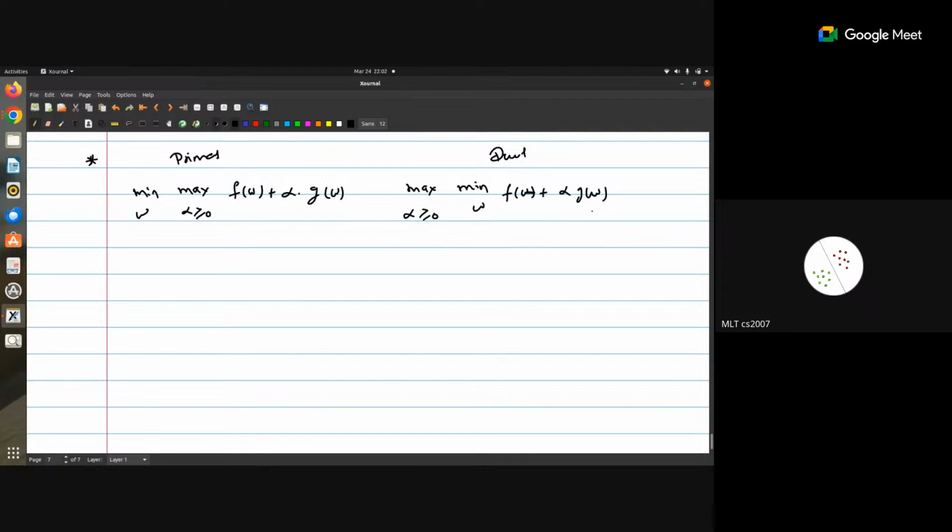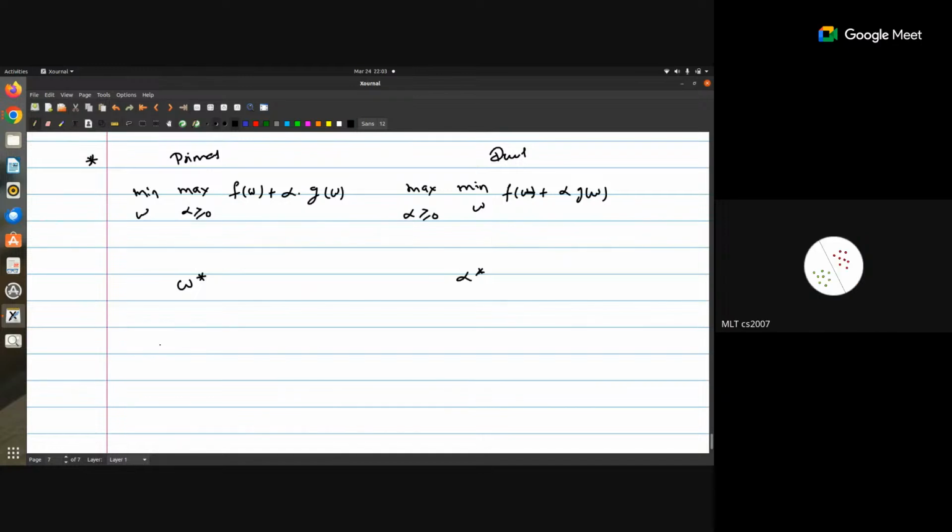And w star will be the solution for the primal and alpha star the solution for the dual. W star will be in D and alpha star will be in N. So that is why if D is much greater than N, then it is beneficial to solve the dual.